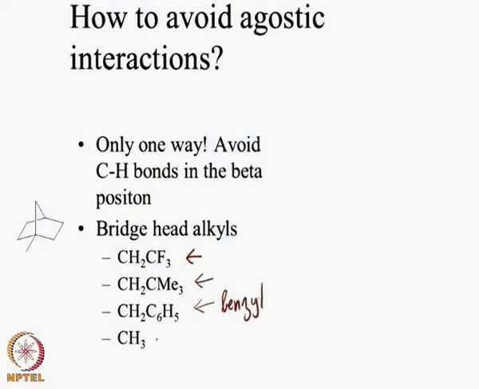And you can also have just a methyl on the transition metal. One very interesting way to avoid the beta hydrogen is to make it a bridgehead. So, you can have a transition metal coordinated to a bridgehead, and that is what we have shown in this particular instance.